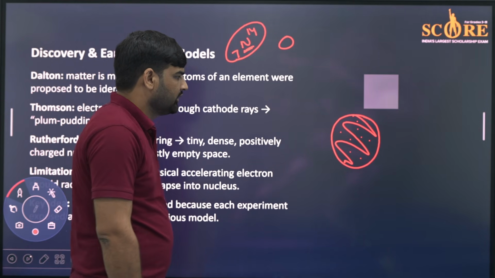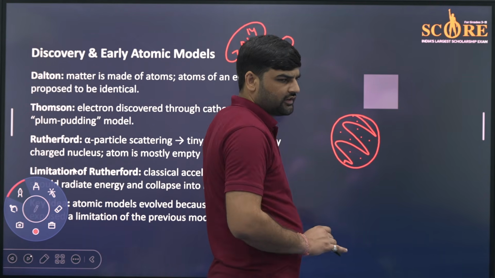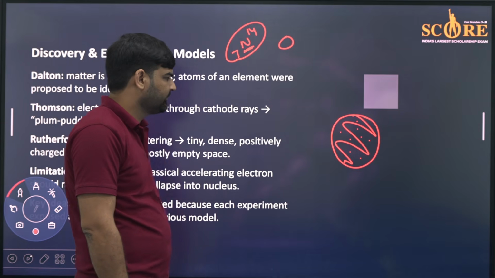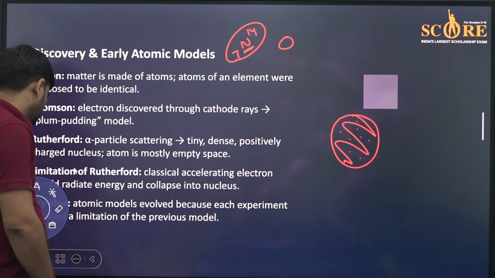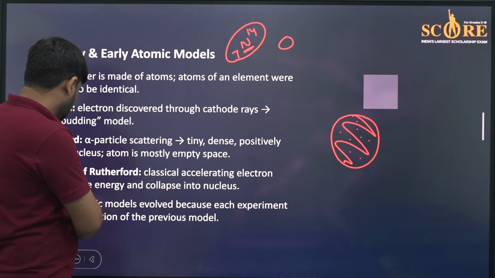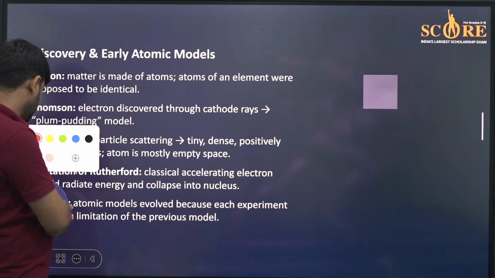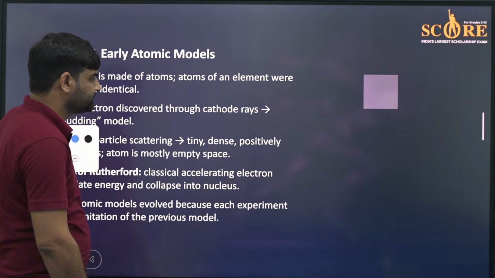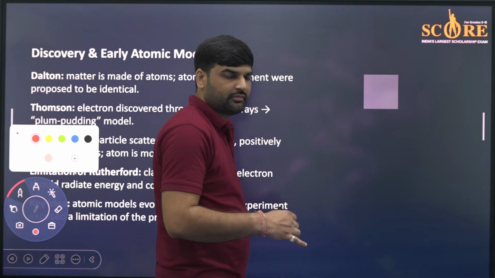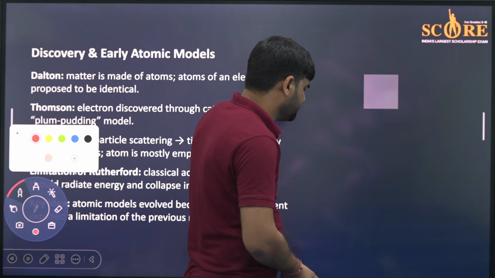Then after the Rutherford model, Thomson model also failed. In Rutherford model, what all points are given? This model was based on alpha particle scattering experiment.